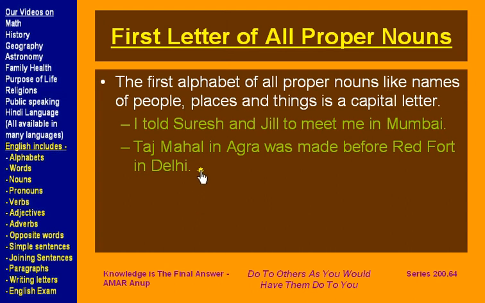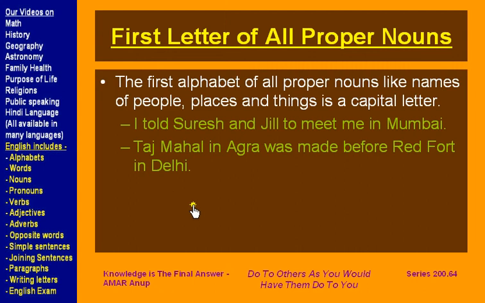So when we say I told Suresh and Jill to meet me in Mumbai, Suresh is a proper noun, Jill is a proper noun, and Mumbai is a proper noun. So the first alphabets S in Suresh, J in Jill, and M in Mumbai are capitalized. If I wrote I told him and her to meet me in the city, then there are no proper nouns. So a proper noun is the name of a person, of a place or a thing.